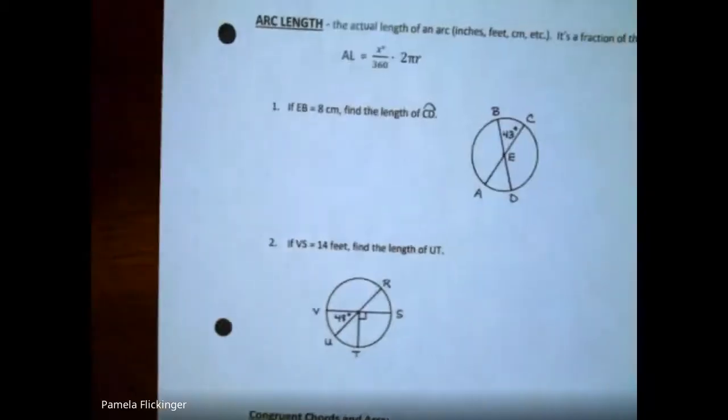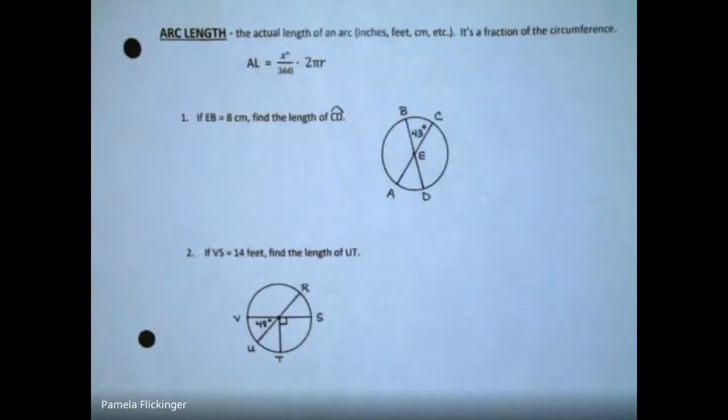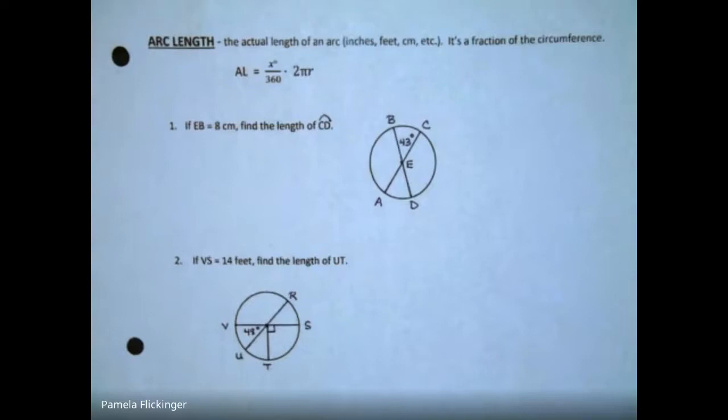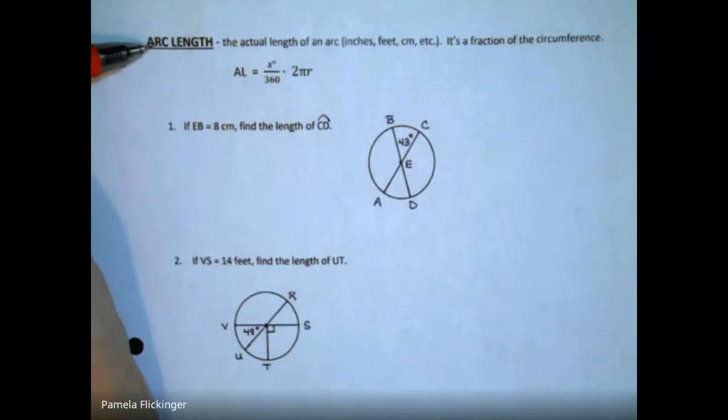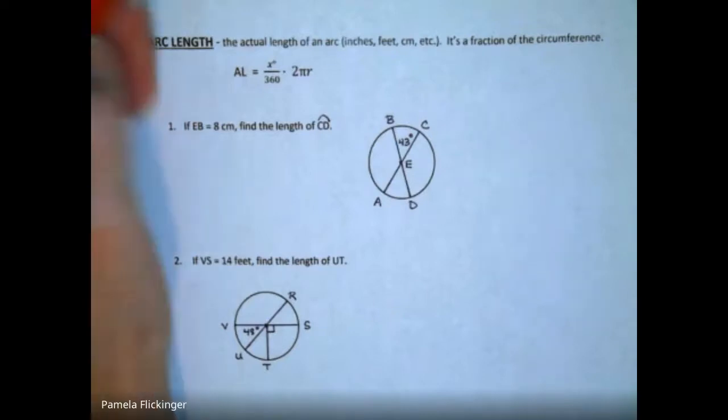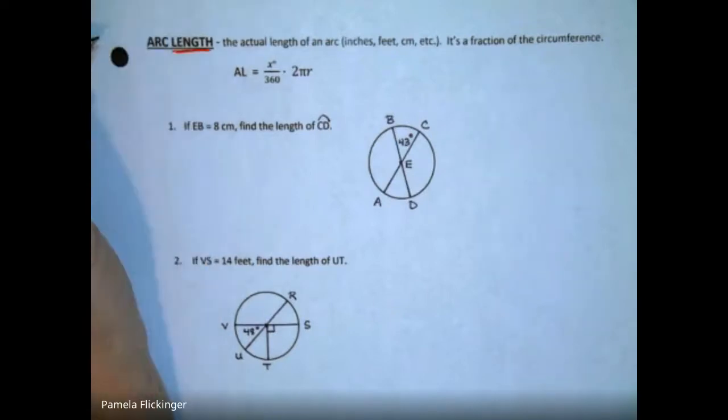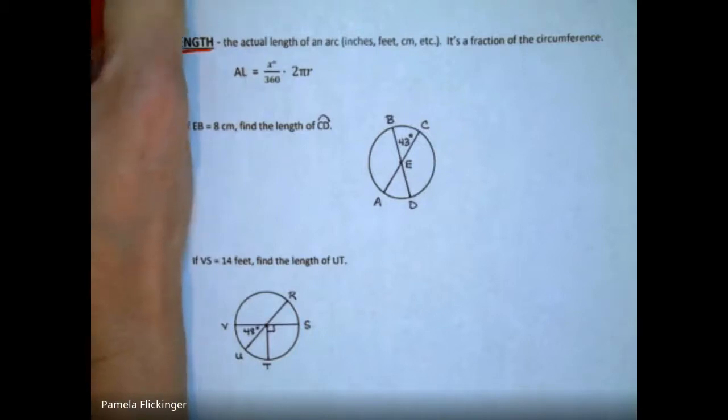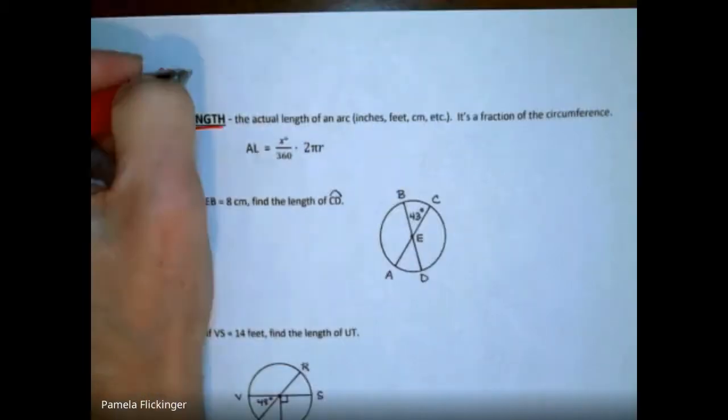Let's talk about arc length. All right, so yesterday we reviewed circumference, which was essentially the perimeter of a circle, the distance around it. But arc length is then going to be a fraction of that. It's just a piece of our circle. All right, very different from the measure. Arc measure, oops, let me slide this down.